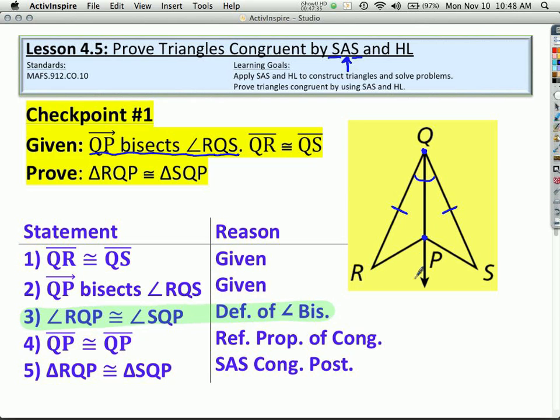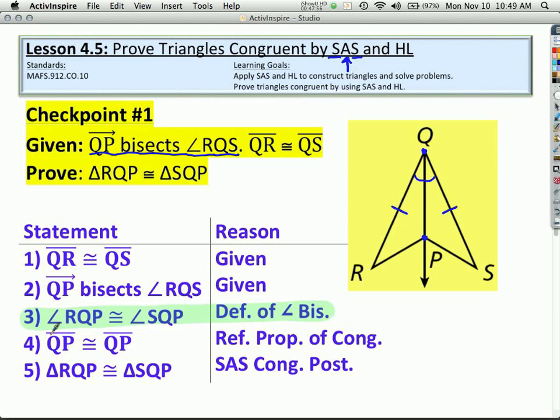This is not part of the triangle. So I think you would ideally want it to be in this form, but I don't blame you for putting the form that you put. Okay? But I use definition of rays. Because they're all congruent to each other? Okay, I can deal with that.